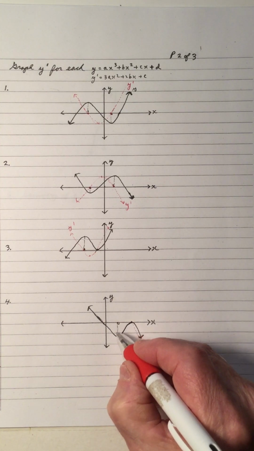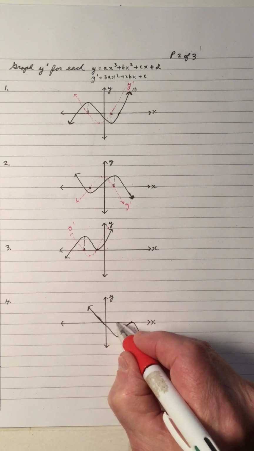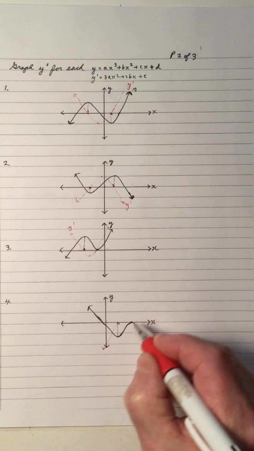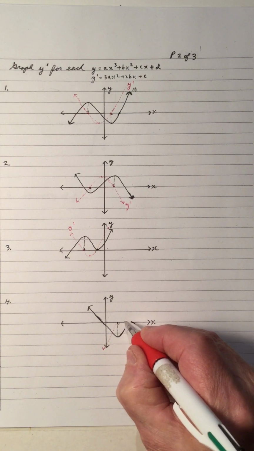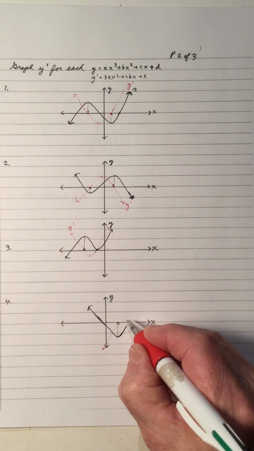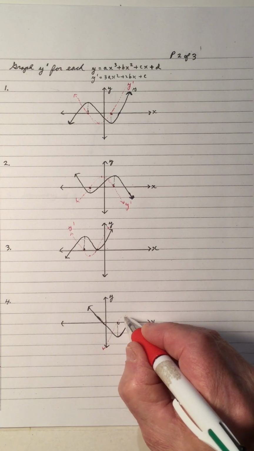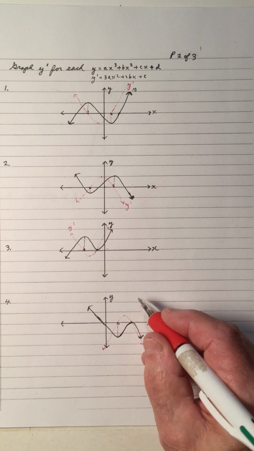And on this side, the slope is also negative, so we'll come down. Halfway in between is right here, so we'll go up. Let's say it goes to there, just an estimate. So there it is.